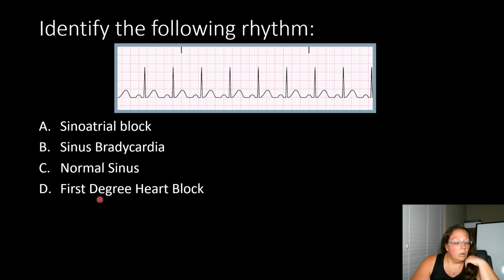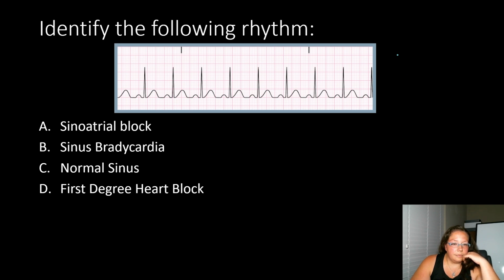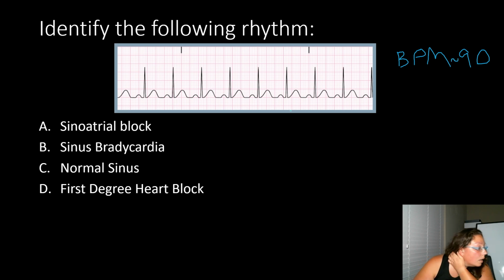So, do we have sinus bradycardia? What is the rate of this? This is a 6-second strip, so 1, 2, 3, 4, 5, 6, 7, 8, 9. So we've got a heartbeat of 90, about. So that's normal.